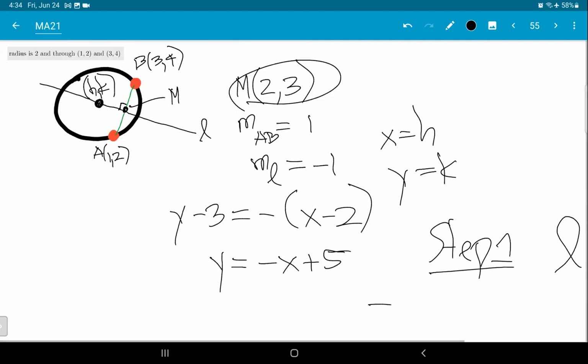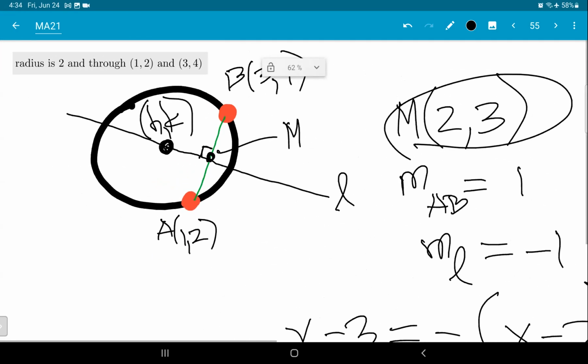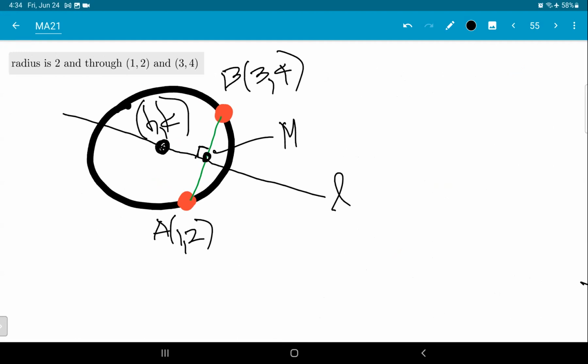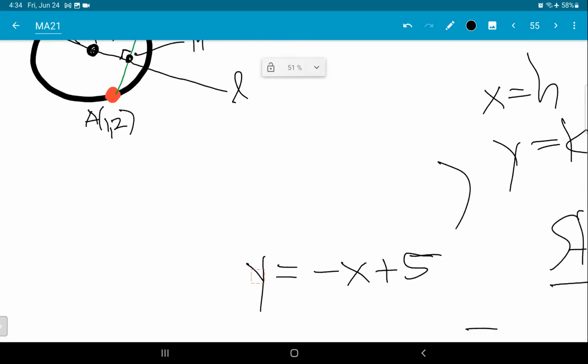Ang gagawin natin ngayon. Hanapin natin, gamitin natin yung isa pang given. Radius is 2. How will that help? Radius is 2. I-draw natin dito.